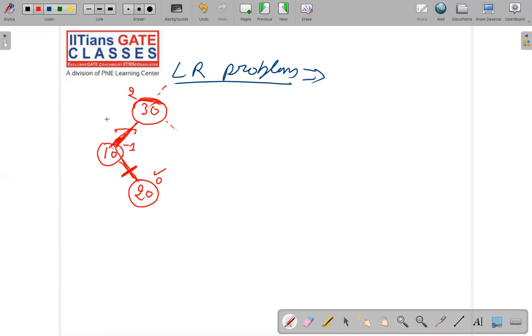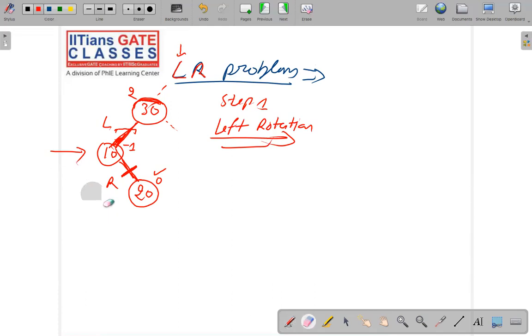Now it's an LR problem, L and R. It takes 2 steps to solve. Step one: its name is LR, right? So we will do left rotation first on this node. On 10, we will do left rotation. Let me clearly write down this tree.